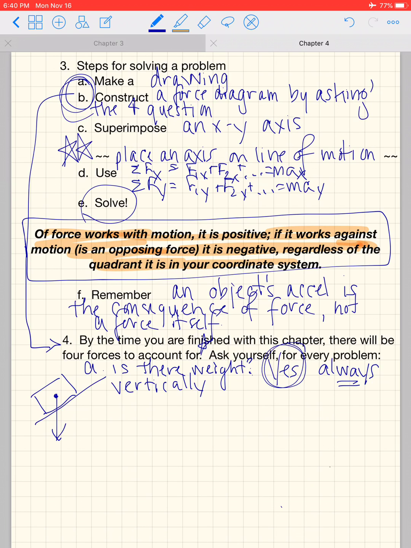Little letter B, is there tension on a rope or wire, push or pull? And again, in the drawing that I did, or an outside push or pull.